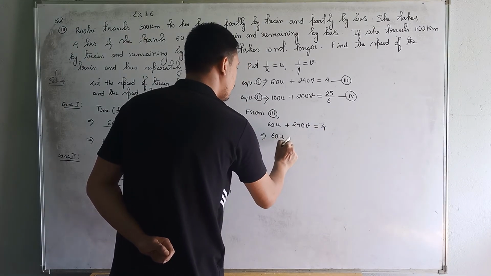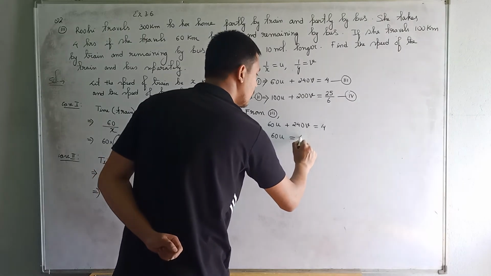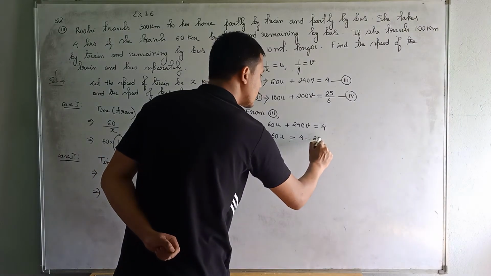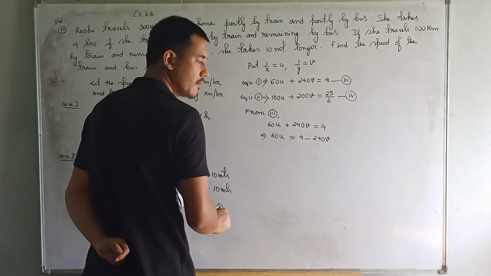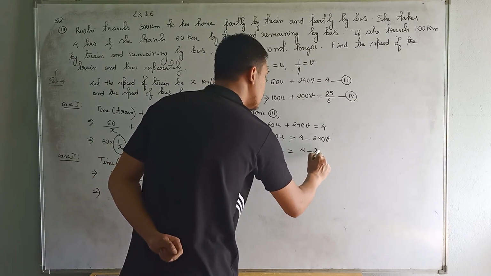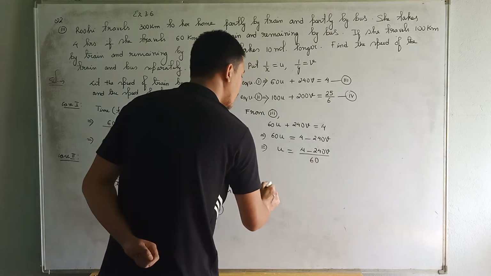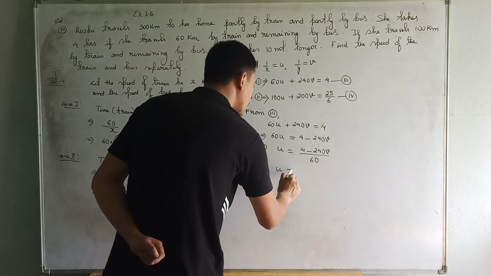So in order to find u, you need to transpose the term containing v to the other side. So 4 minus 240v. So u will be equal to 4 minus 240v upon 60. We can reduce it. You can take 4 common.